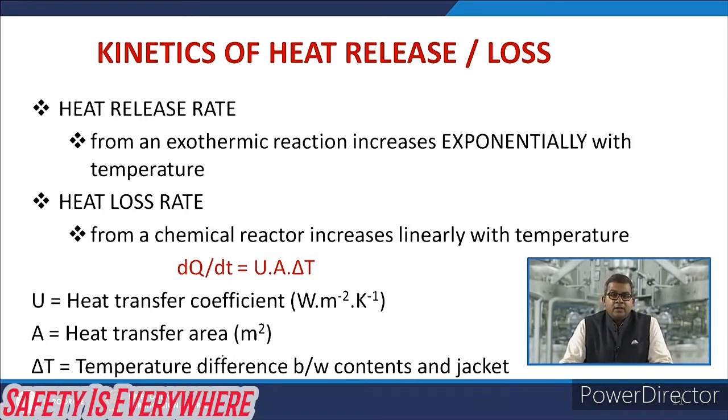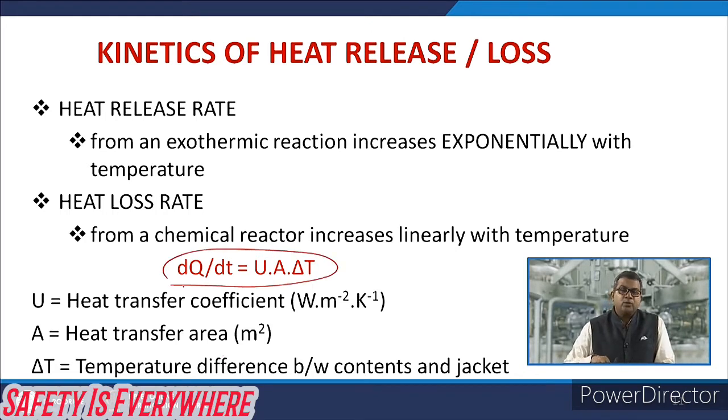Now the heat loss rate from a chemical reactor increases linearly with the temperature with this formula: dQ by dt equals UA delta T, where U is the heat transfer coefficient having the unit of watt per meter squared per Kelvin, A is the heat transfer area usually represented in square meter, and delta T is the temperature difference between contents and a jacket.